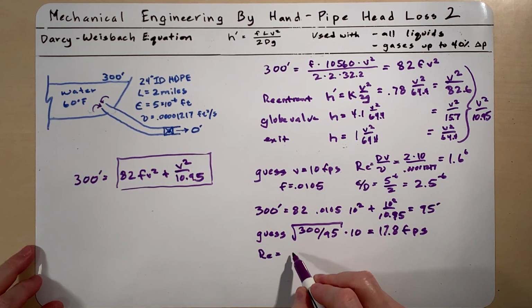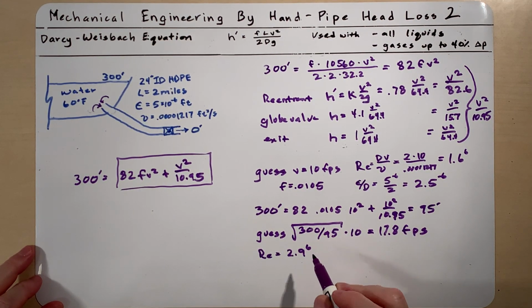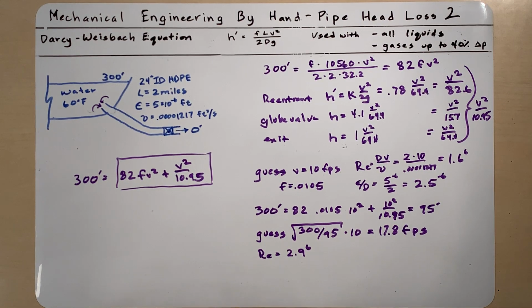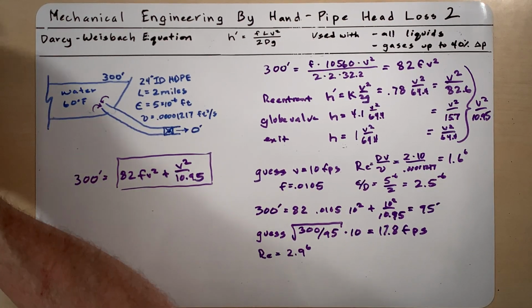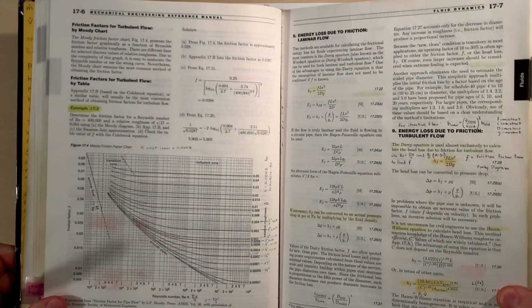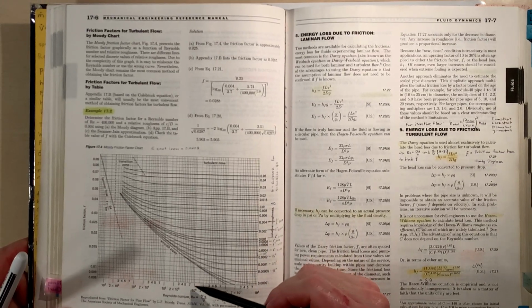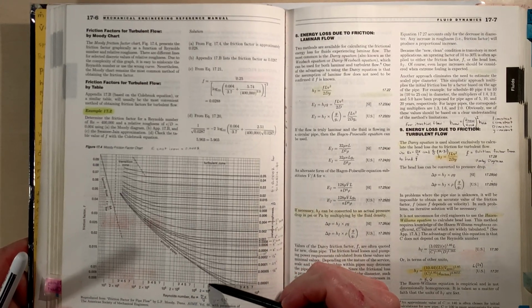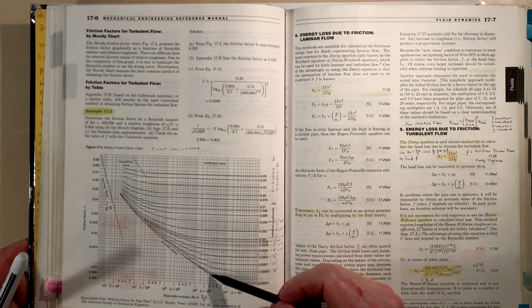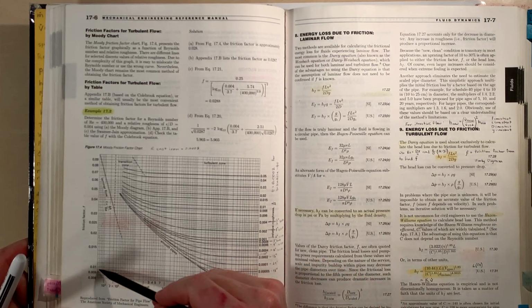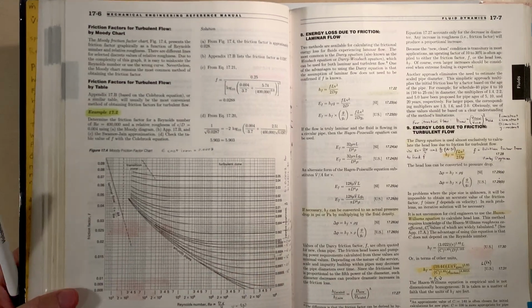Okay, so now we calculate our Reynolds number, and that is 2.9 times 10 to the 6th. Go back to our Moody chart. 2.9, we're basically on 3 million at that point, which is right here, and we'll go up to that bottom line and then go over, and I'm going to say that is 0.0098.